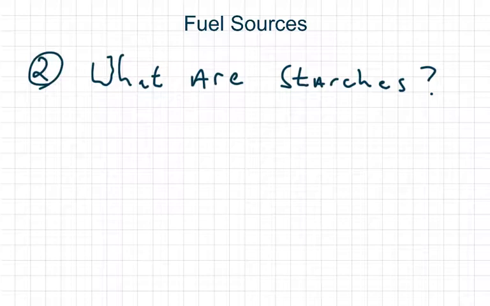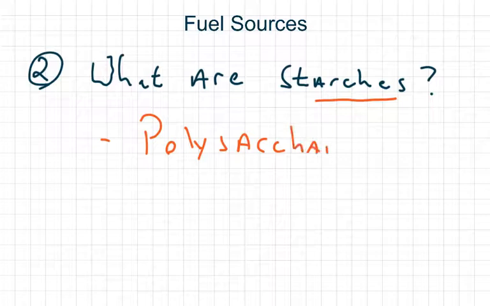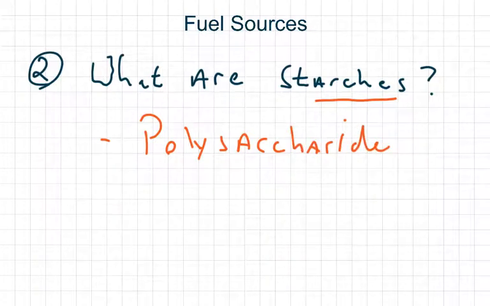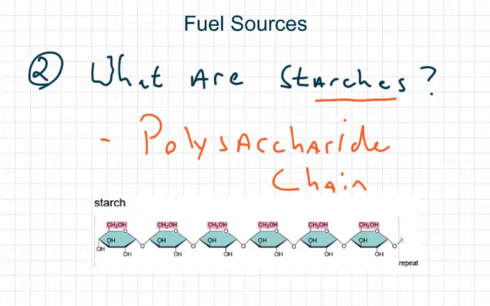So next, let's define starches. And so what is a starch? Starch is essentially a polysaccharide chain. And it looks a little bit like this. Now, as we look at this photo of a basic starch, if you isolate it, each one of these subunits is a glucose molecule.